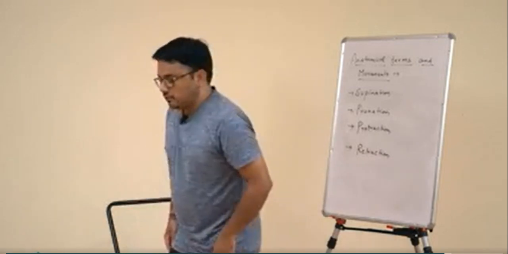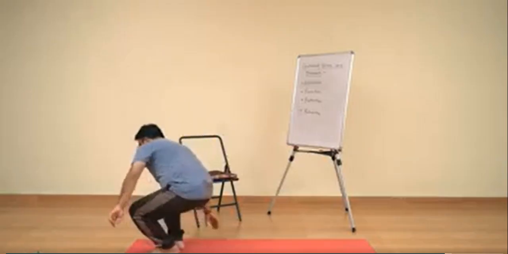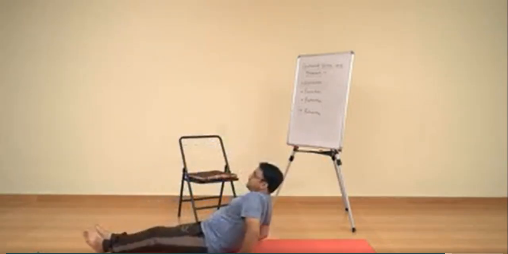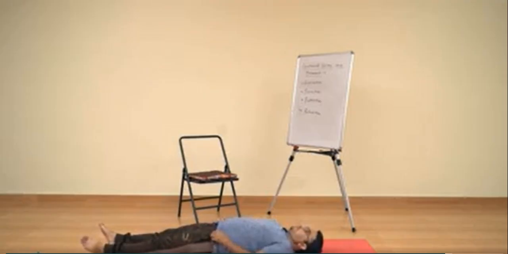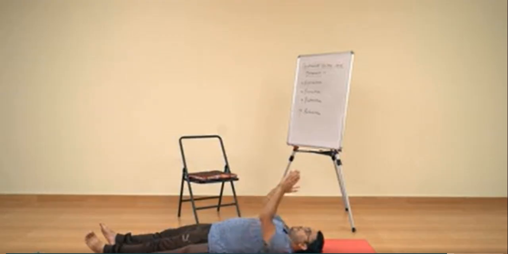Next, in relation to your body in the lying position. When I'm lying down on my back, on my spine, that is supine. When the anterior part of my body, my front, faces upwards, that is supination in the lying position.